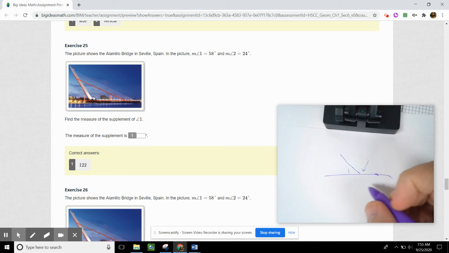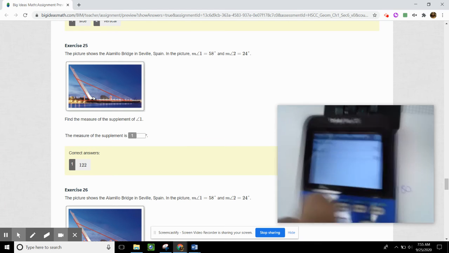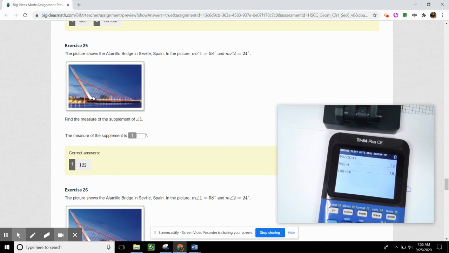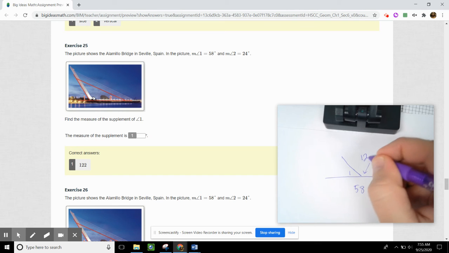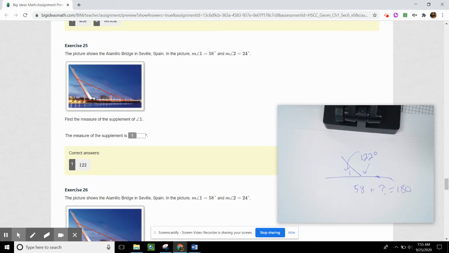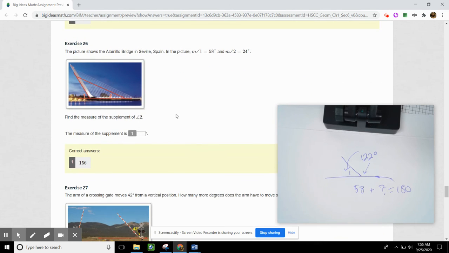So supplement means we're going to do 58 plus something equals 180. So we need to do 180 minus 58 to get 122. So the supplement of angle 1 is 122, adds to 180. Question 26, I mean.